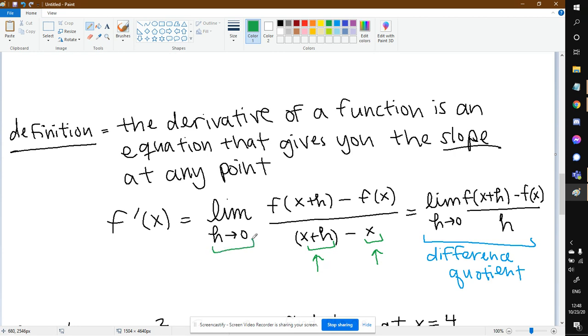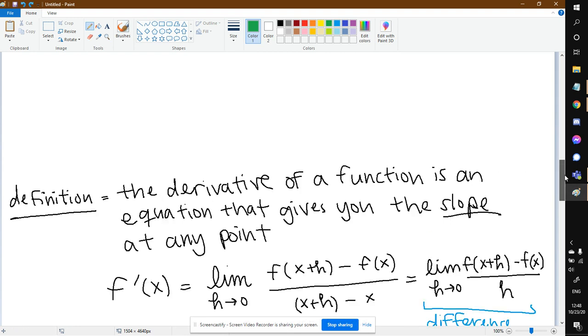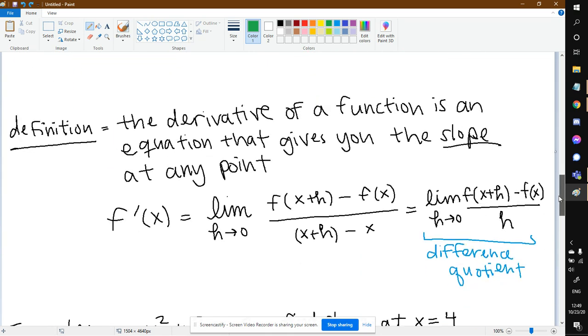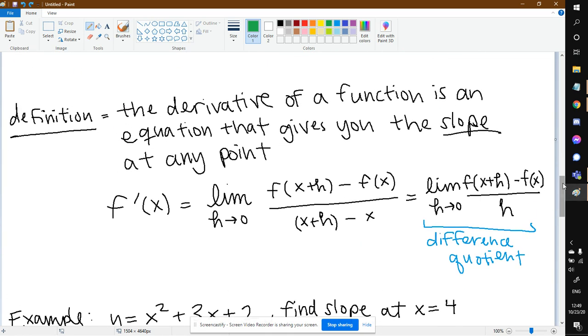And then we're making the distance between those 2 points go to 0, go to nothing, right? And that is the idea up here, where we're saying as we get closer and closer, these colorful lines are getting closer to actually just being the solid black line that we want. So as the distance between the x decreases, our lines are getting closer to what we're actually after. And that's why we're taking the limit as it approaches 0.